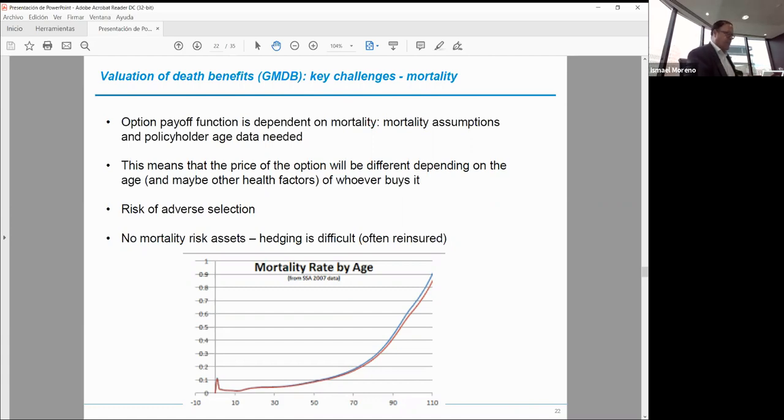Bear in mind that this is a savings product for which we don't normally require a declaration of health from the policyholder, nor a medical examination, which we normally do for protection products. So there was the risk of adverse selection. This is a perfect product for terminally ill people, for instance. If you are terminal, this is the perfect product for you.